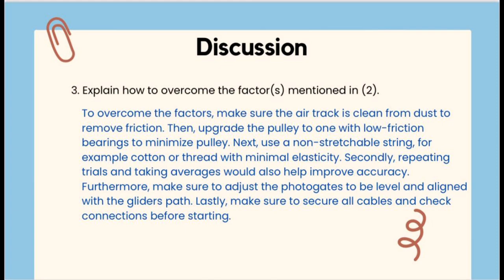Repeating trials and taking the average would also help improve accuracy. Furthermore, adjust the photo gates to be level and aligned with the glider's path. Lastly, secure all cables and check connections before starting.